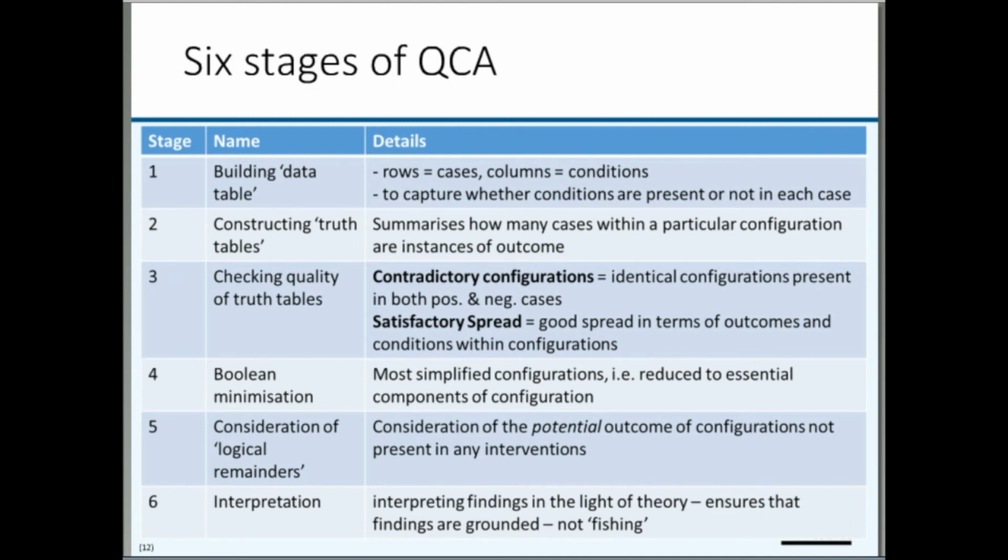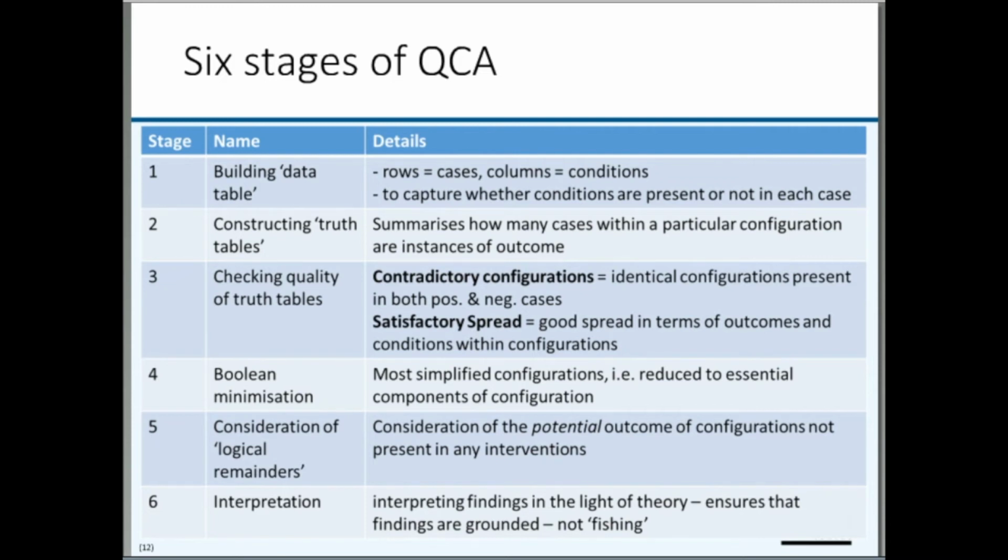The presence of a particular condition within a case is indicated in the cell by a 1. If the condition is absent within that particular case, you indicate it by putting a 0. I'll show you an example of such a table.